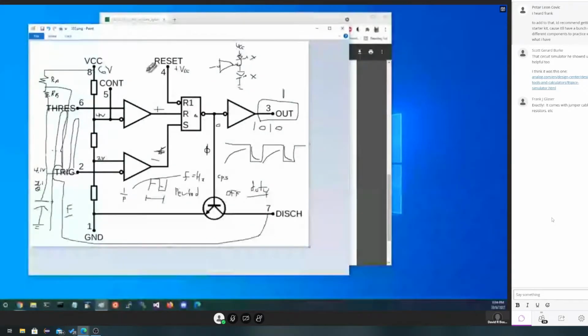Now, kind of a simple, dumb question for us here. Let's assume that we had the 555 timer's output. We went through a resistor, we went into the LED, and we came out and went to ground.